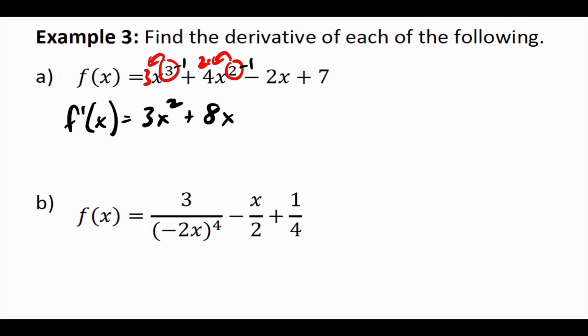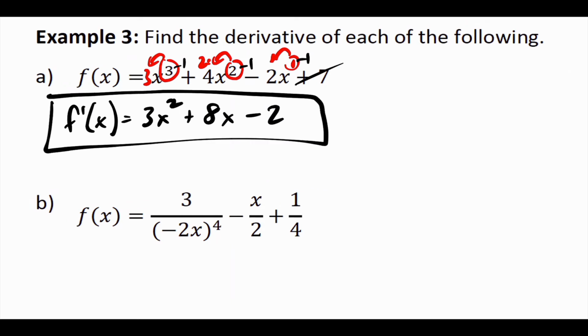Subtract a power. 1 power was already there, moves it to the front, that becomes -2. If I subtract a power, the power goes away. What's the derivative of the constant of 7? 0. There you go. That's the derivative.